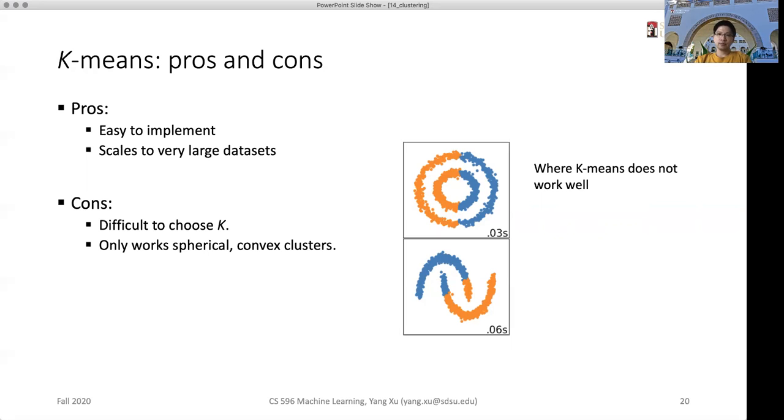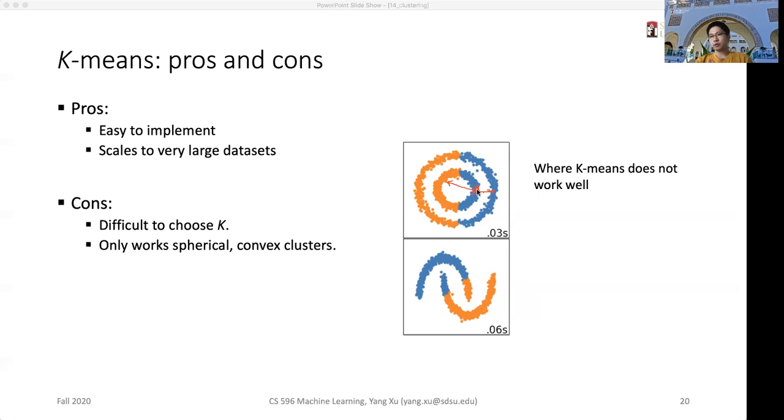So for example, this data point here is closer to the outside ring, right? And relatively speaking, the left half of the inner ring is farther away from the right points in the outside ring.